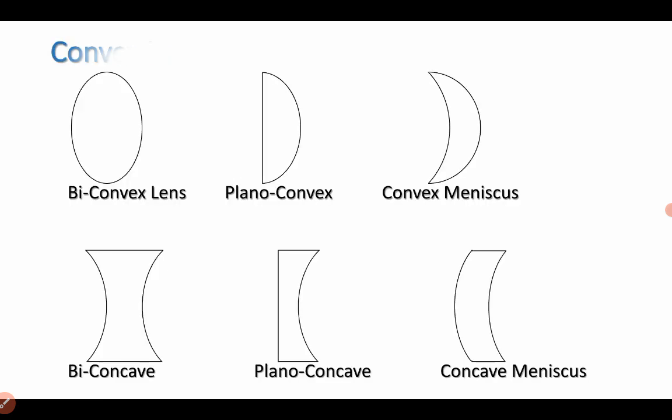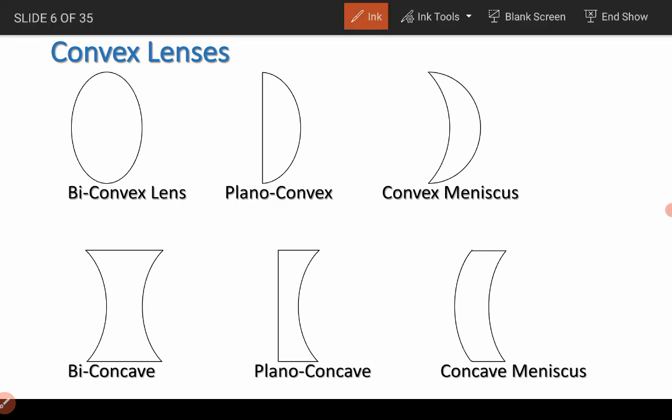So, convex lenses or converging lenses can also be of a number of types. For example, this lens here is called the biconvex lens. Bi means two.